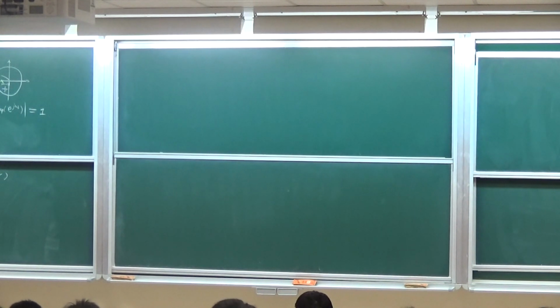Is this notation okay for everybody? The group delay of this system as a function of omega. That's the way I read it.